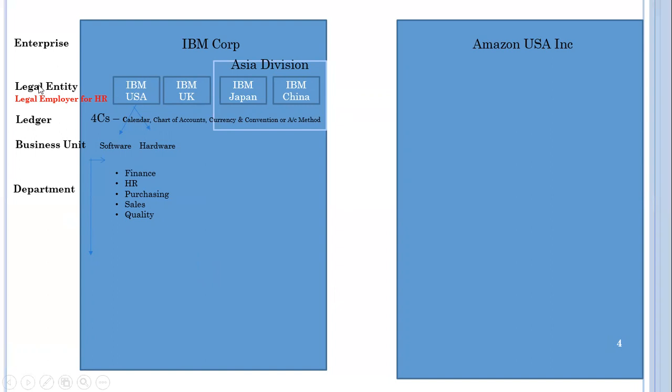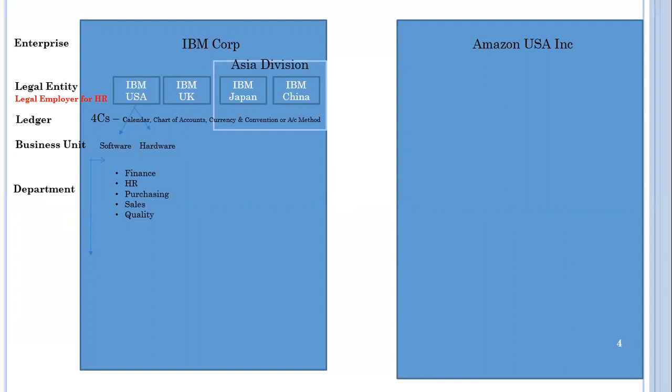So you have different legal entities, which are the official organizations that are set up in the application. In every country, a company is supposed to register before it can start doing any business.